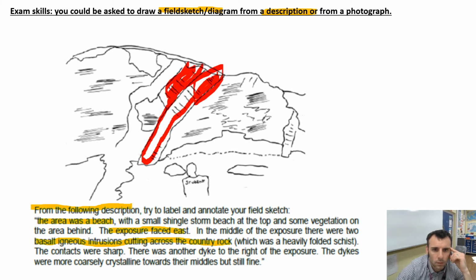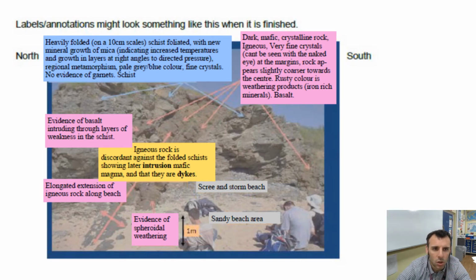Just shade in the bit that's the intrusion very quickly for you, and that's something they might ask you to draw from this description below, but they would probably give you an idea of dip, direction, thickness of it, but it's becoming familiar with what you'd expect to see, and they're talking about heavily folded areas, and the contacts are sharp, so they are very distinctive lines, and that's the type of thing you could be asked to do in an exam.